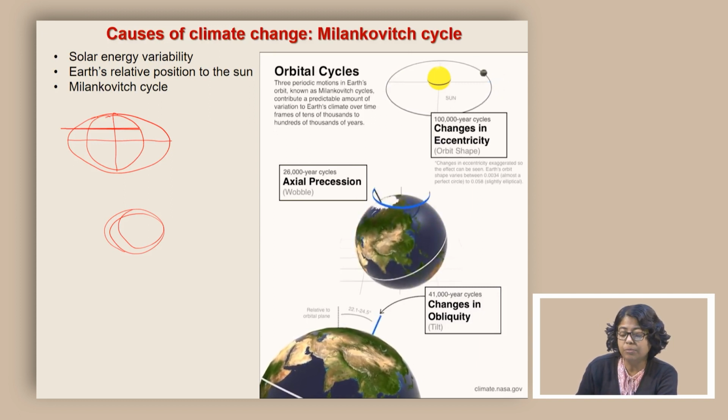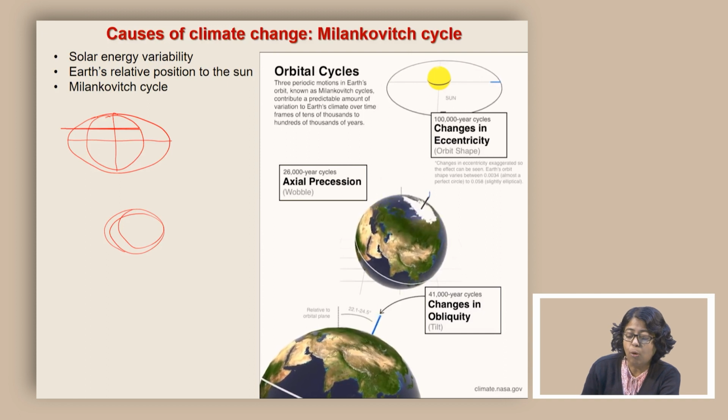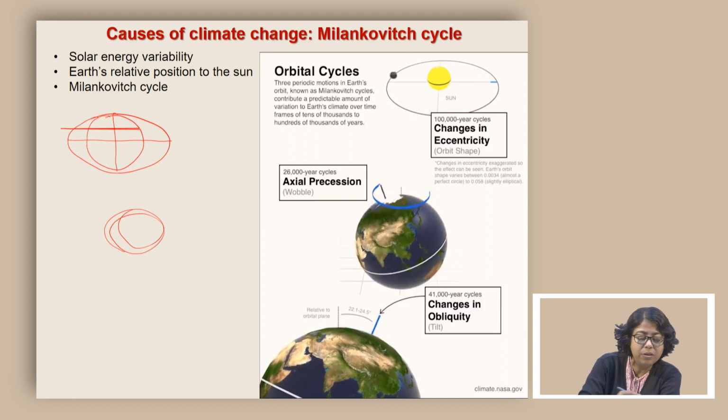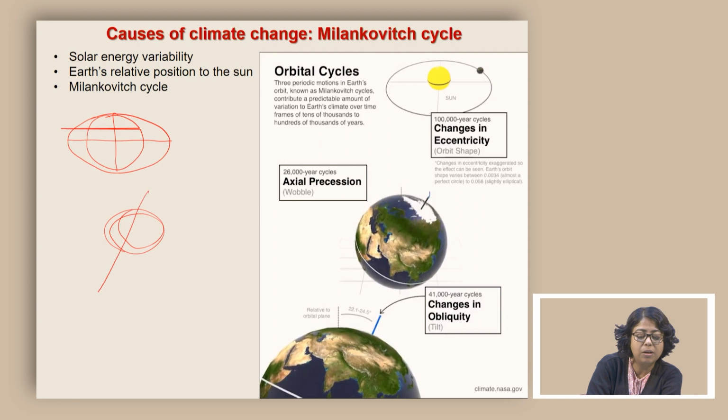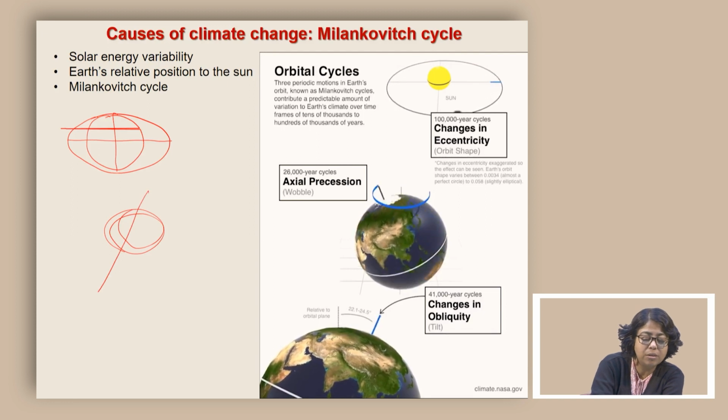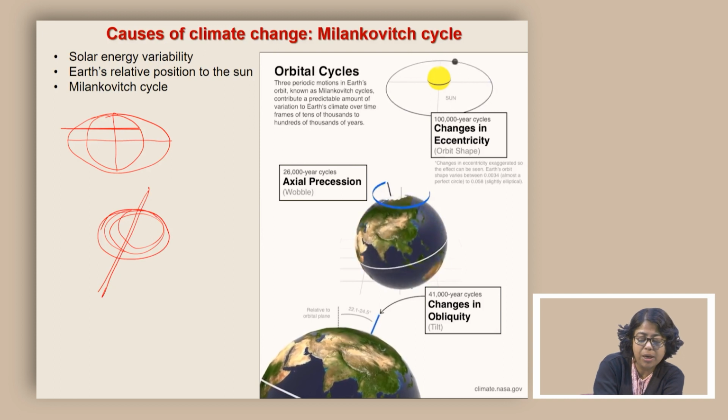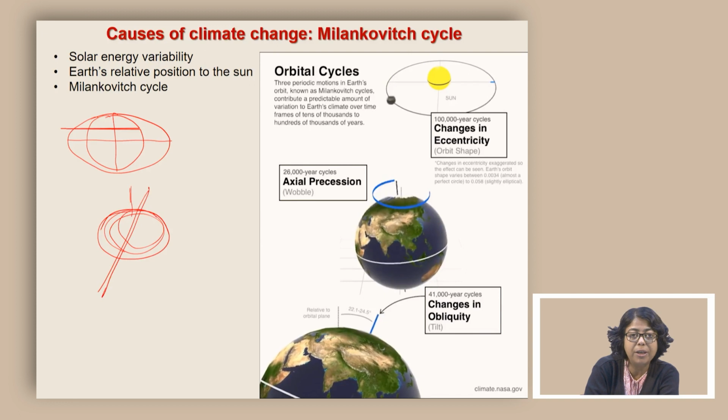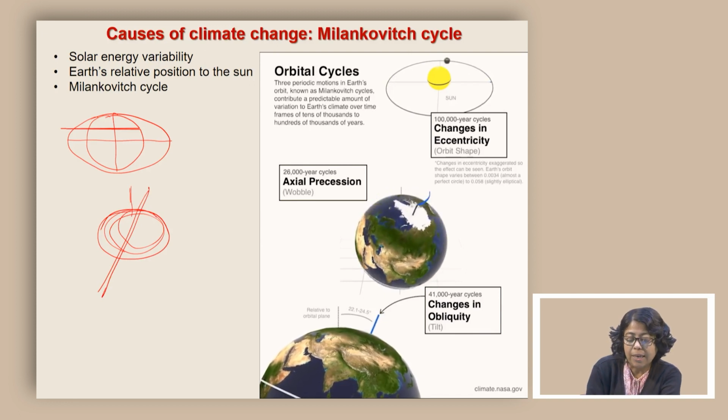The final one is the obliquity. The obliquity refers to the tilt of the Earth. Now, if we look at the Earth and its axis, it actually makes an angle with the orbital plane, and this angle changes.